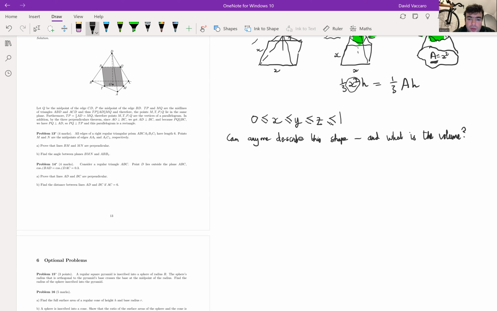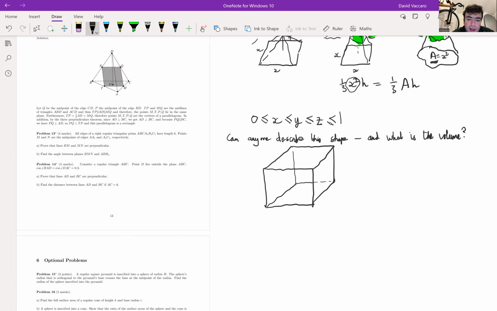Okay, so because all the coordinates are between 0 and 1, it's clearly a subset of the cube. Okay. X is less than or equal to y.